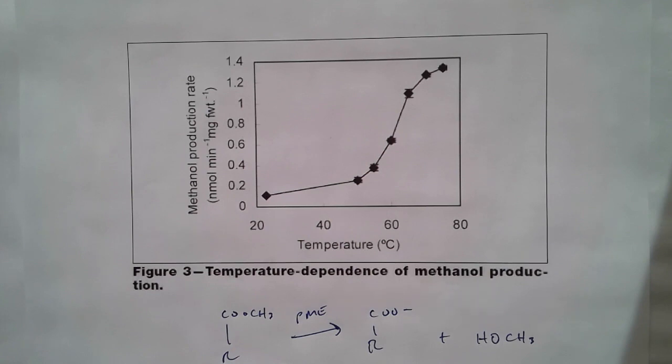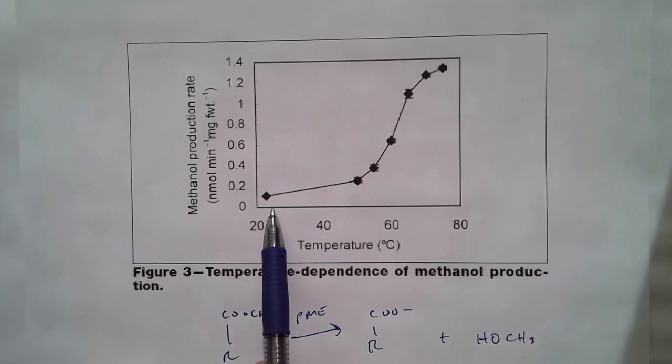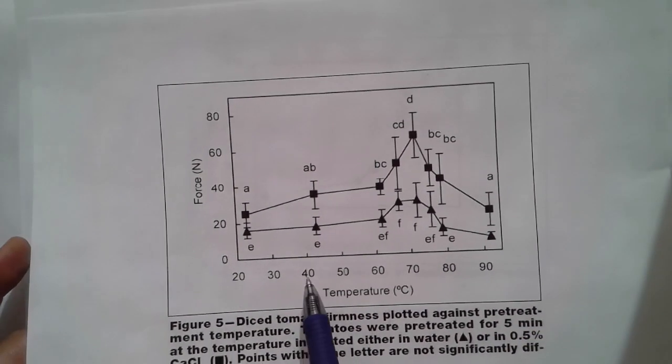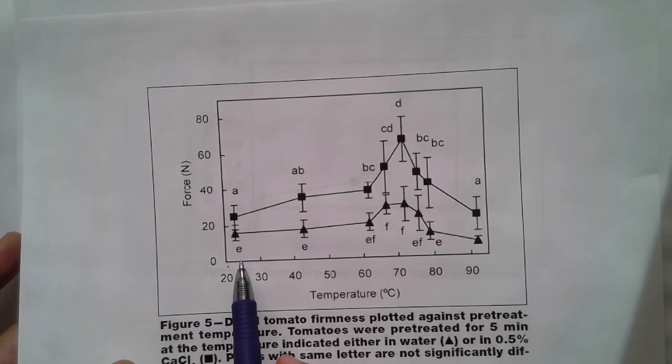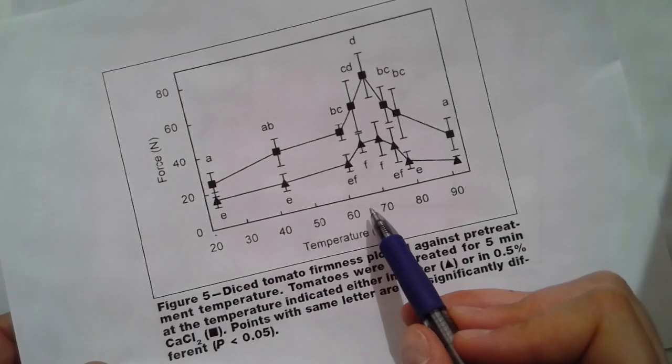So a way that the researchers in this study followed this reaction was to measure the amount of methanol that's being produced. And remember, go back one slide here. There's not much happening in terms of PME activity in this temperature range between 22 and we'll call it 60.